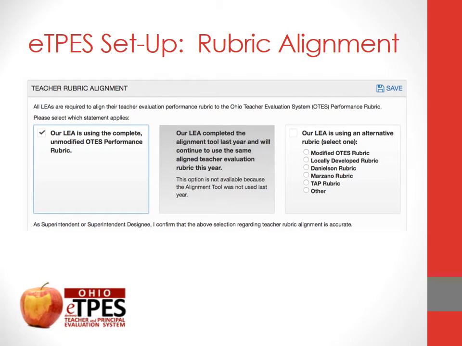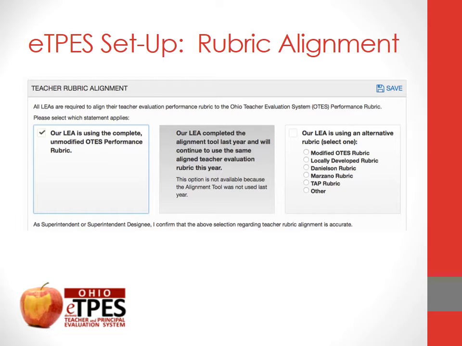In the eTPES setup, the district will enter their choice regarding rubric alignment. Districts will need to choose if they will use the unmodified rubrics for teacher, principal, and school counselor evaluation.